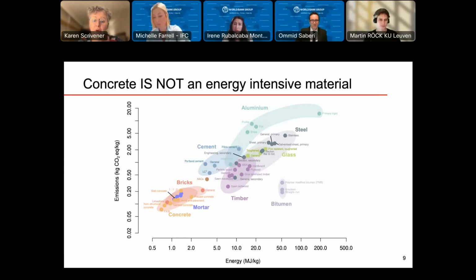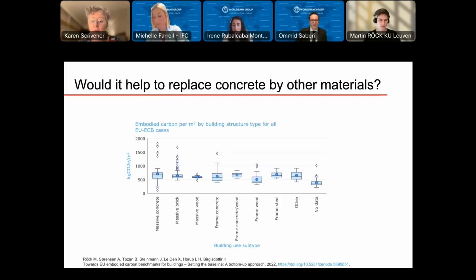And if we look at the whole building level, which Martin will talk about in more detail after me, we see that if we have different types of structure or material, then we don't have all that much difference in the overall building amount in terms of CO2 per meter squared.